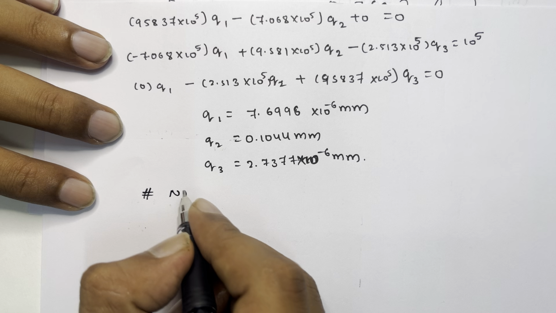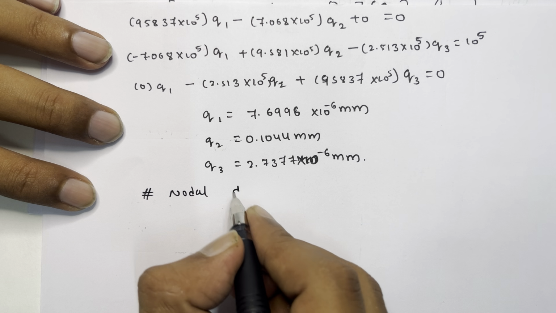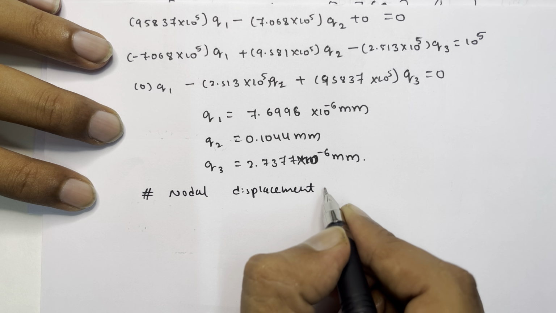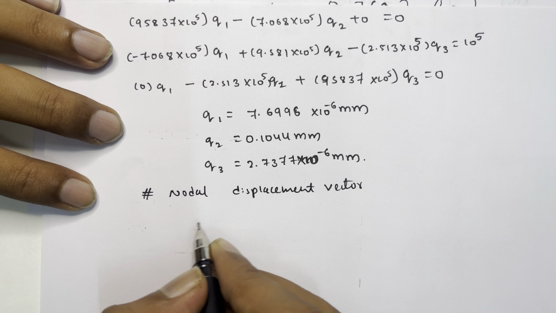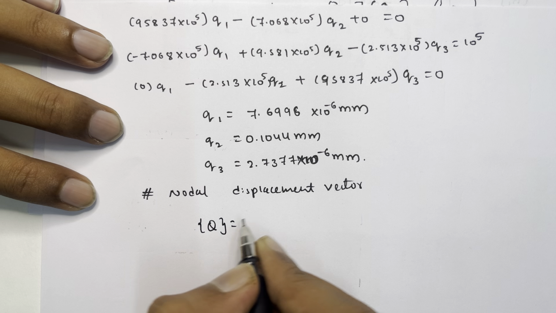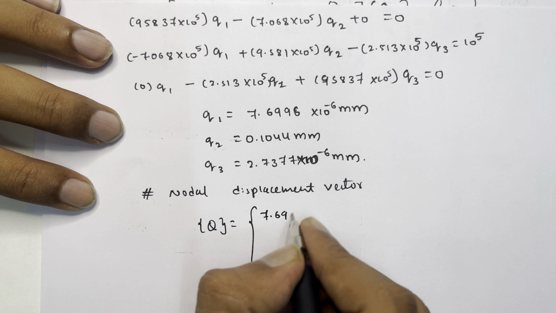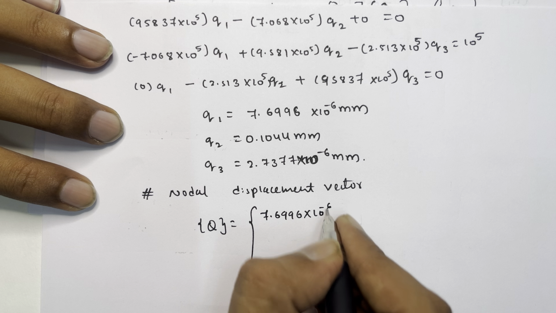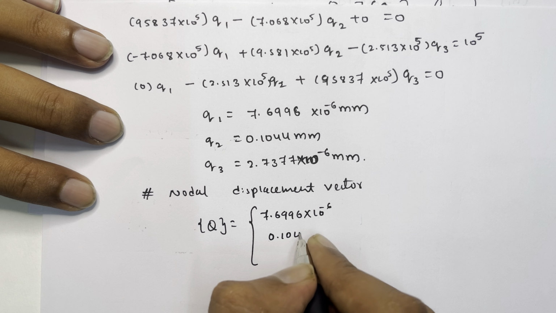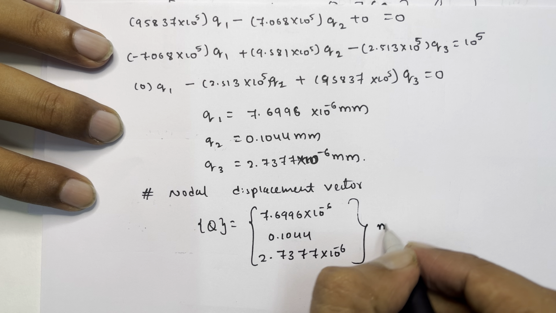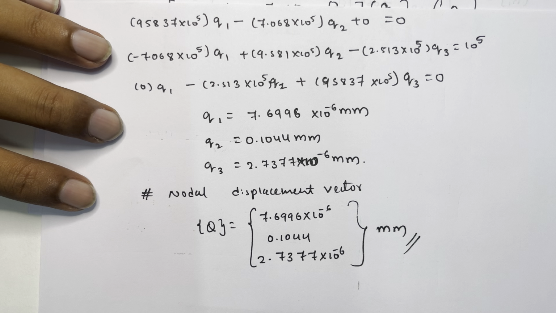So nodal displacement vector is given by q. We have to write q1 q2 q3, 7.6996 into 10 raised to minus 6, 0.1044, 2.7377 into 10 raised to minus 6, and this is in mm. This is the first sub question.